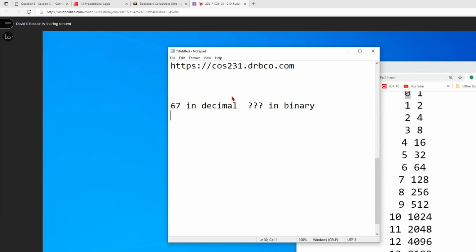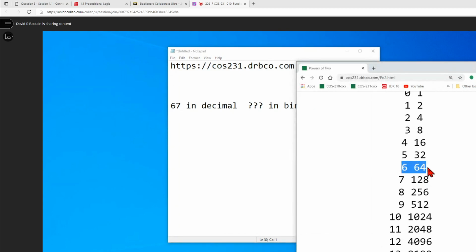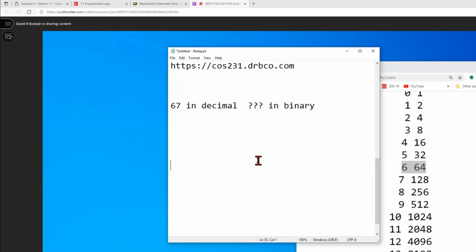Okay, so an easy way to do that is to look and see what the nearest number is to it, hopefully underneath it in this case. So 2 to the 6th is a 64. So if that's the 6th position, nothing at 5, 4, 3, 2, 1, or 0. And we see this number is 3 more than 64. So 3 more in terms of powers of 2 would be a 2 and a 1.